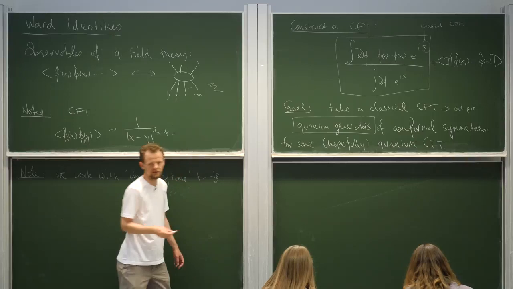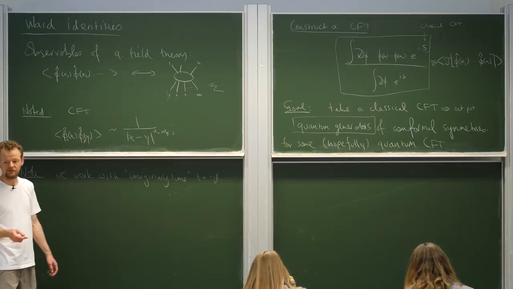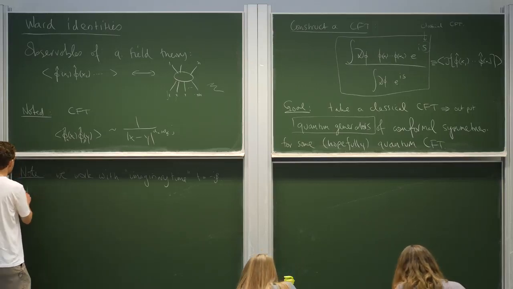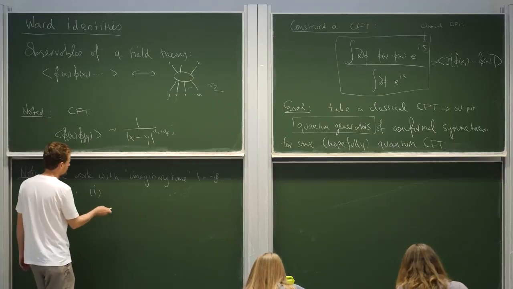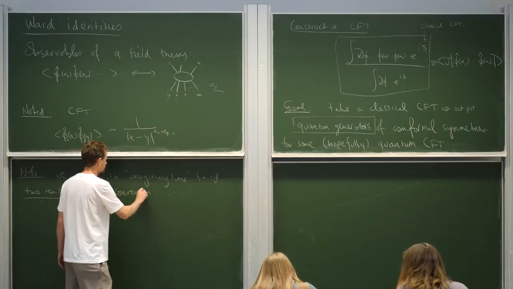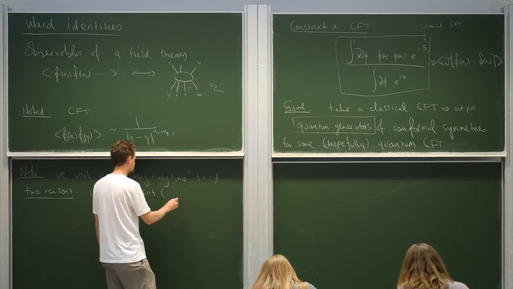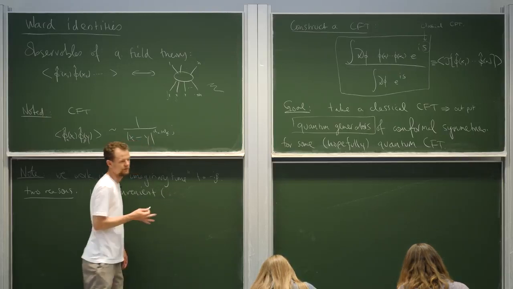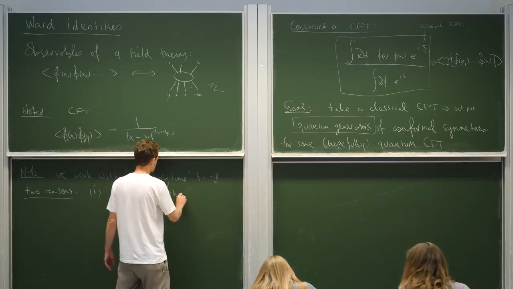We're going to work with a so-called imaginary time. I've touched on this in previous lectures. That's for two reasons, really, in this course. I think the first is just it's convenient. It's convenient for a number of reasons, one of which is things converge better.